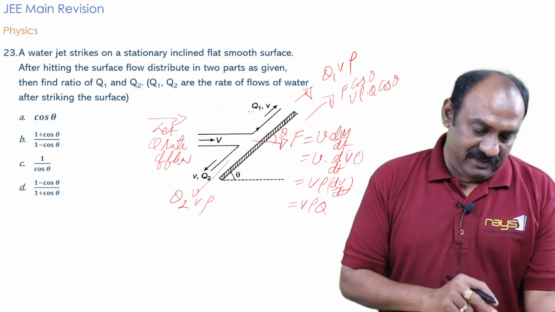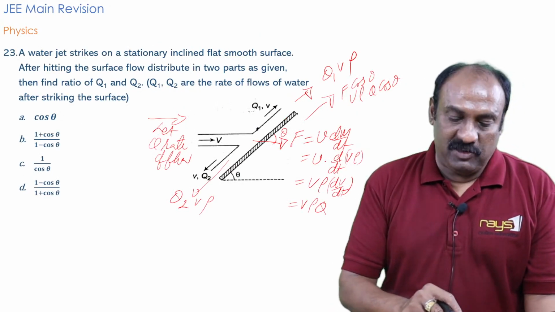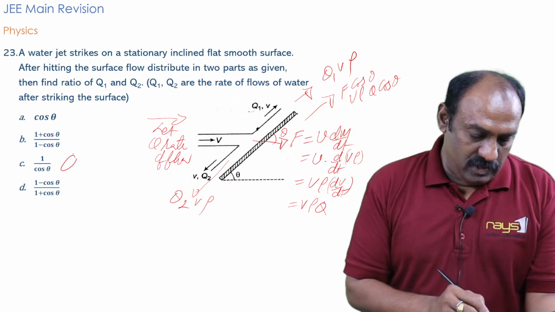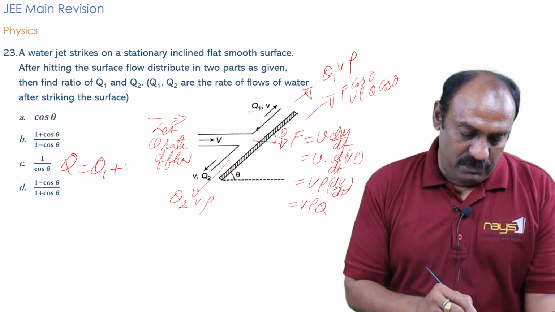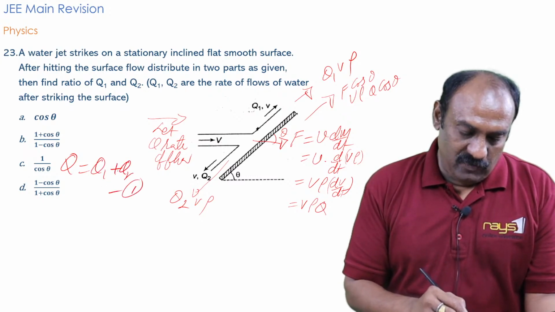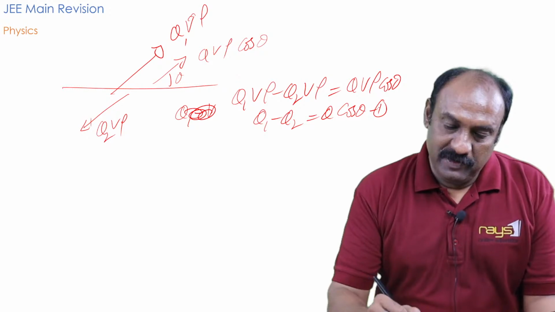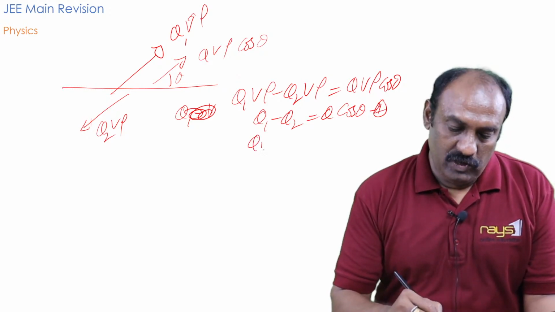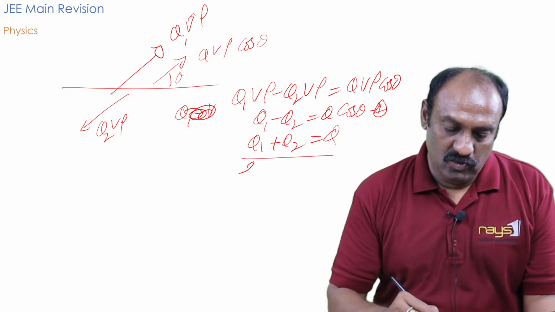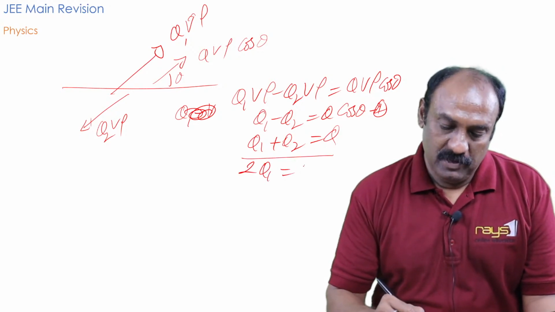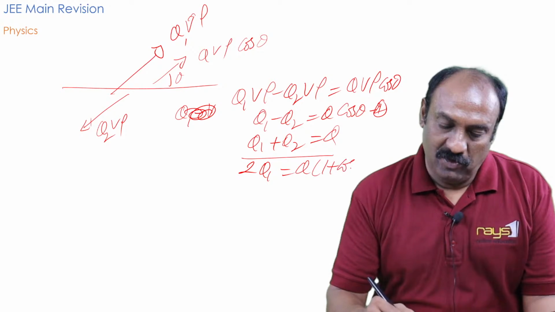But initially it strikes with rate of flow Q, which splits as Q1 and Q2. Therefore the Q value is the sum of the individual rates of flow, Q1 plus Q2 equals Q, equation 2. By adding these two, 2Q1 is equal to Q into 1 plus cos theta.